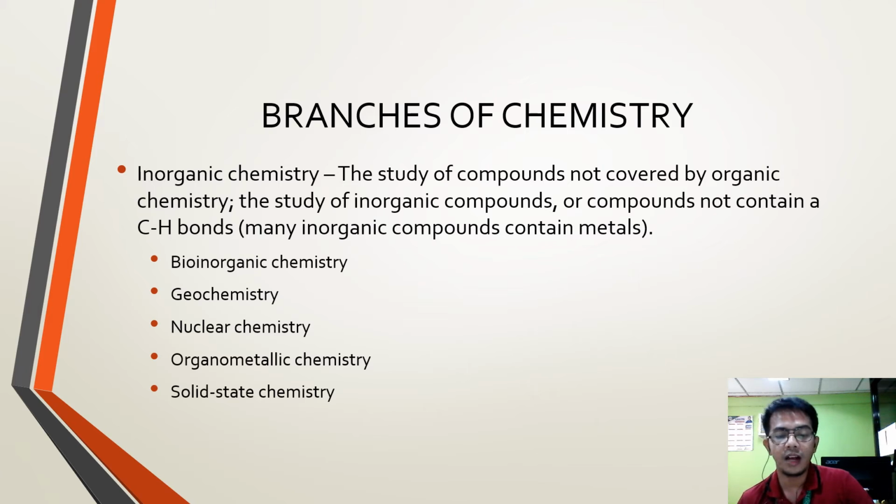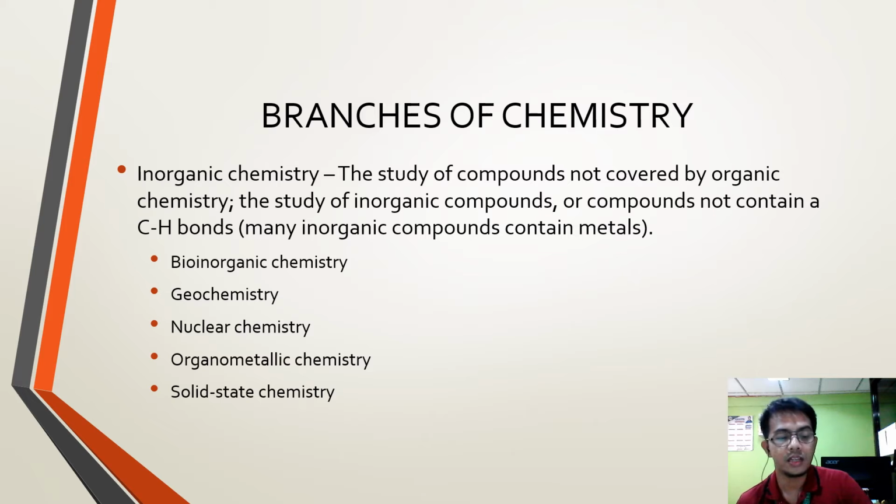Branches of inorganic chemistry include bioinorganic chemistry, the study of the interaction of metal ions with living tissues, mainly through their direct effect on enzyme activity. Geochemistry, the study of chemical composition and changes in rocks, minerals, and atmosphere of the Earth or a celestial body. Number 3, nuclear chemistry, the study of radioactive substances.